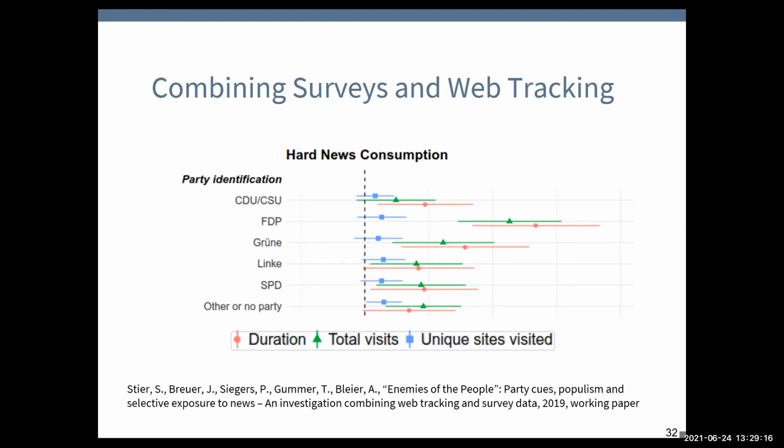So the first step here would be to, from all the websites that someone is going to, only identify those that relate to news content, and then find out how long people have visited these news pages, what contents they might have seen there, and then try to relate that to their political or other opinion on, ideally, these very topics that they have seen.